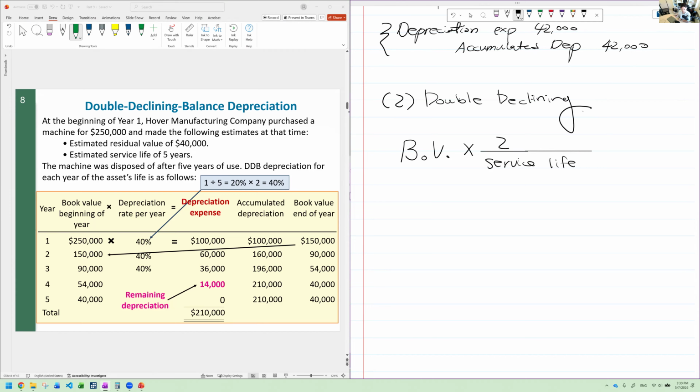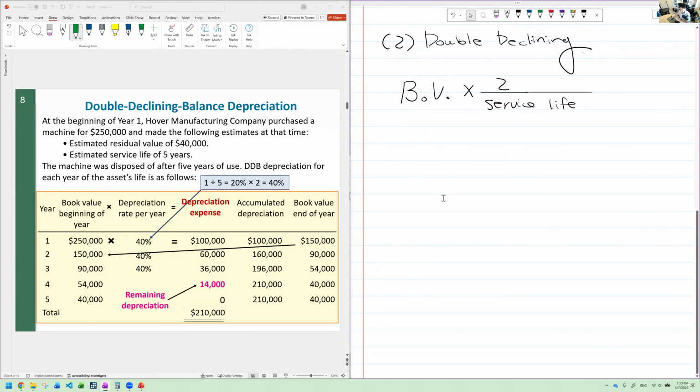So for that, let's apply the numbers here. Now for this one, I'm going to write down the whole depreciation schedule until the end of the service life, 5 years. So year one, let us first calculate the amount of depreciation.